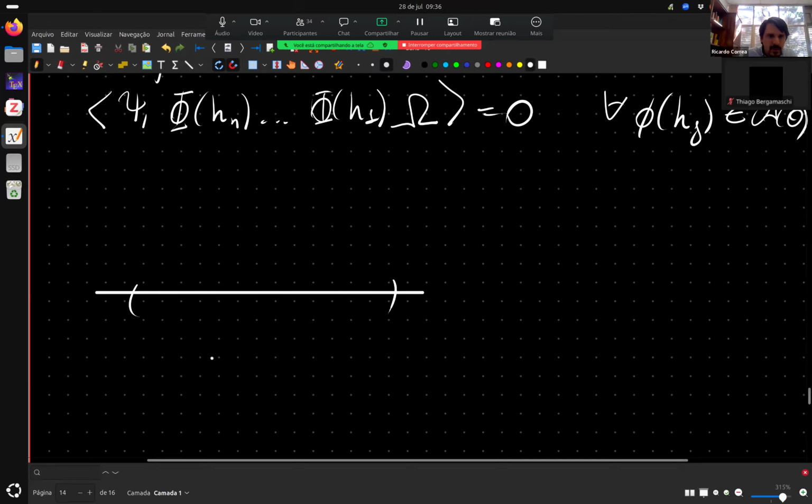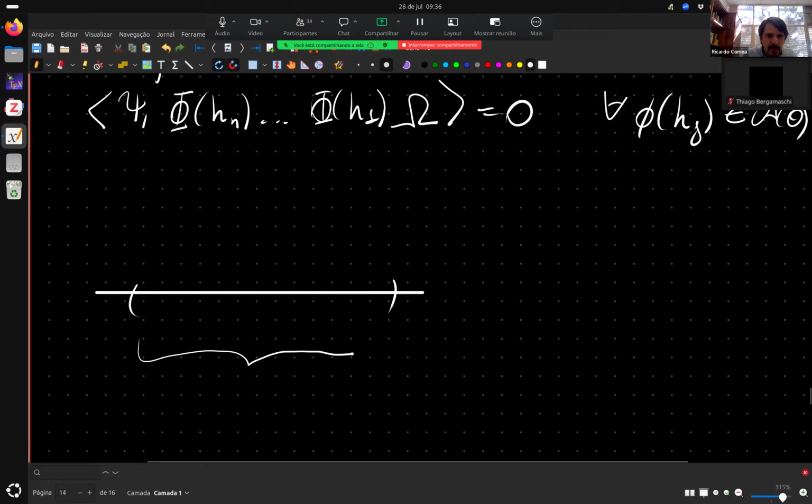The whole thing here is O. Remember O has some open region inside, so I can just restrict to this open region and I'm happy with only the open region inside O.